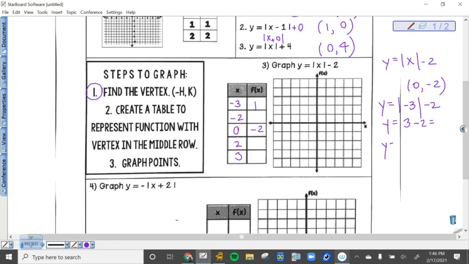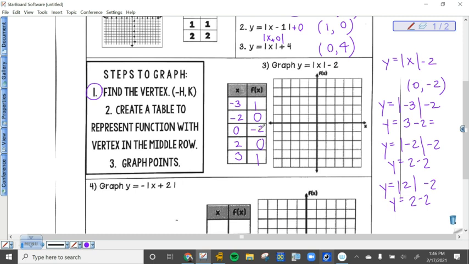Y equals the absolute value of -2 minus 2. That's 2 minus 2 equals 0. Okay, now let's do the other 2. So if I plug in 2, y equals the absolute value of 2 minus 2. What's the absolute value of 2? 2. Not -2, just 2. So 2 minus 2 is 0. What do you think 3 is going to be? 1.